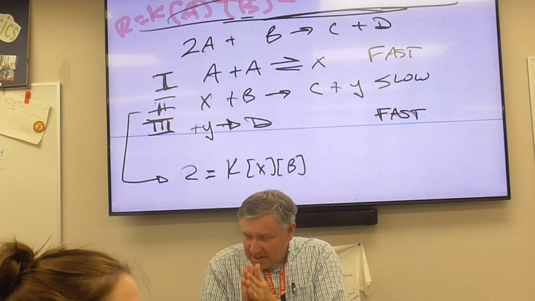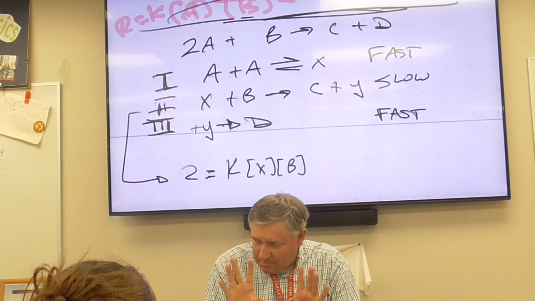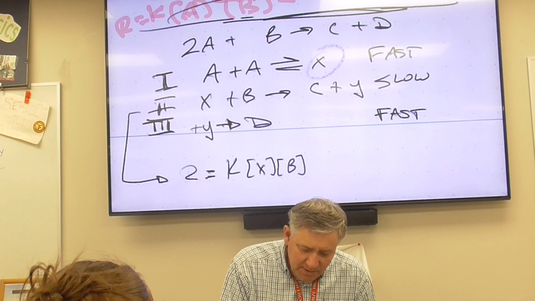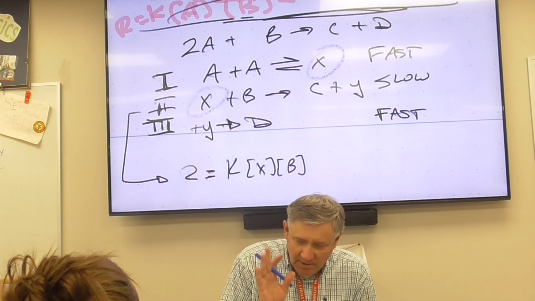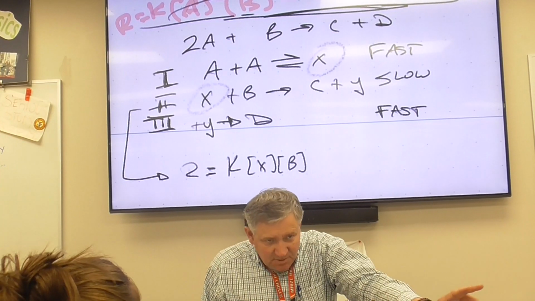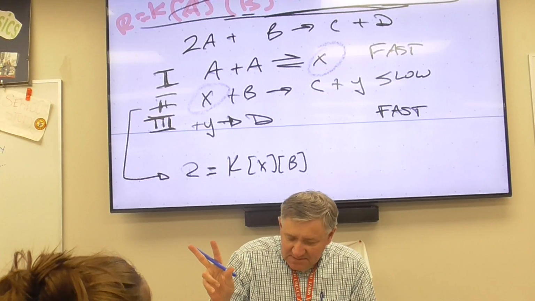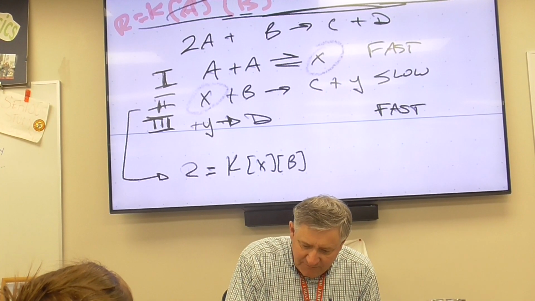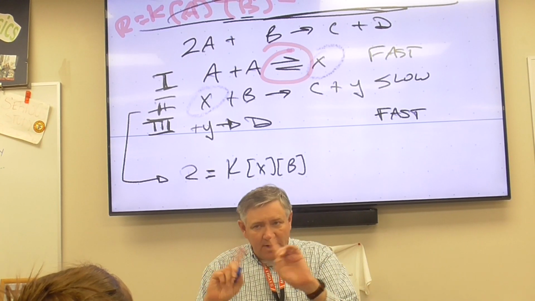Here is a potential mechanism, and there are certain things that are important about how this is written. First off, what are you going to call X? An intermediate, right? Because we're going to make it, but then we're going to consume it, okay? Now, there's another important thing. Notice that on this fast step, you have a set of double arrows.